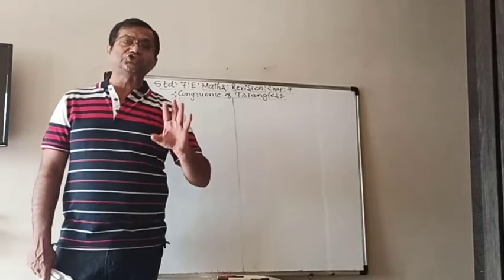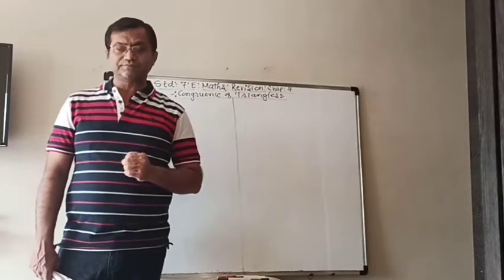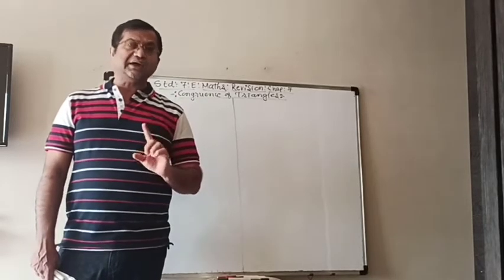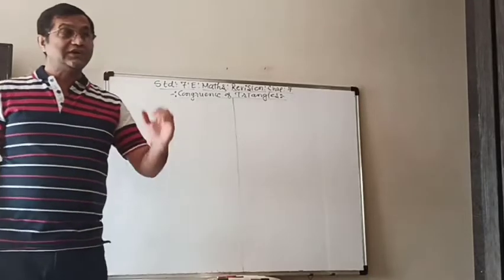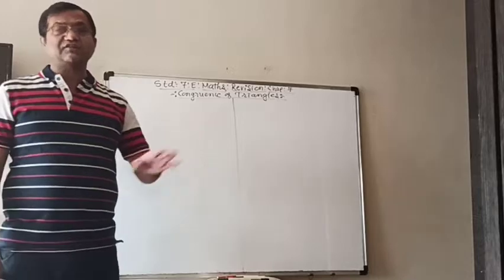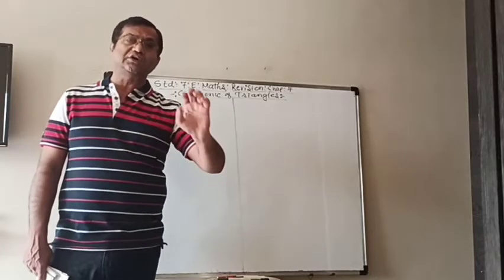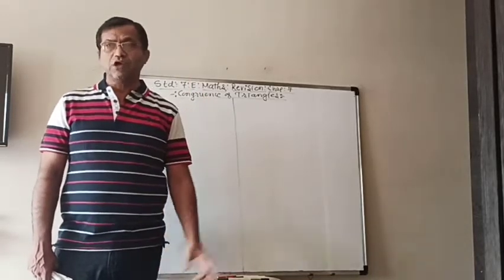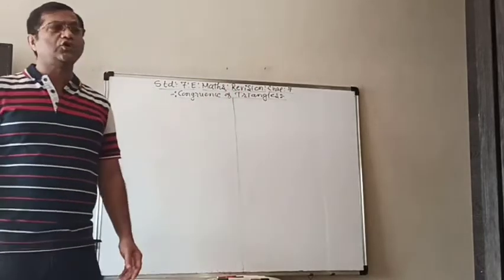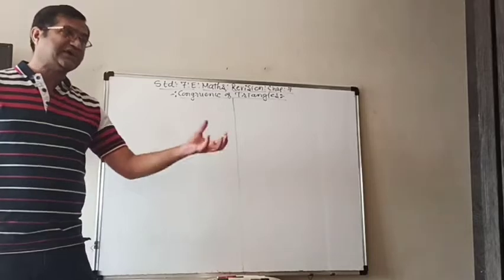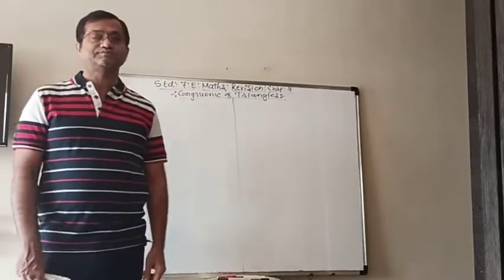The angles will automatically be congruent. So we don't have to check the angles to see whether they are congruent or not. So that was the first, the SSS congruent rule or SSS criteria.